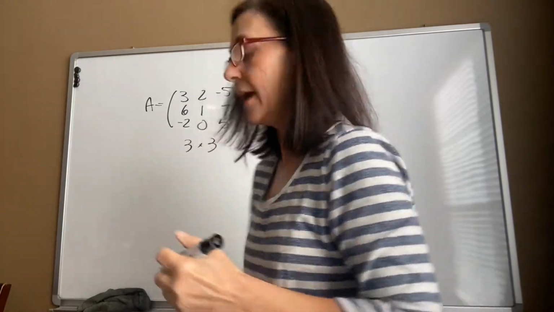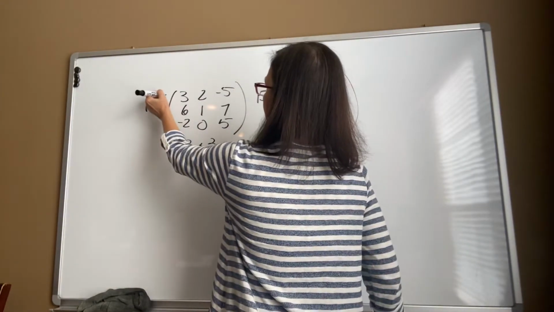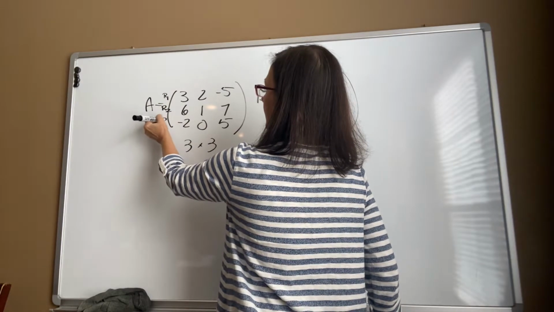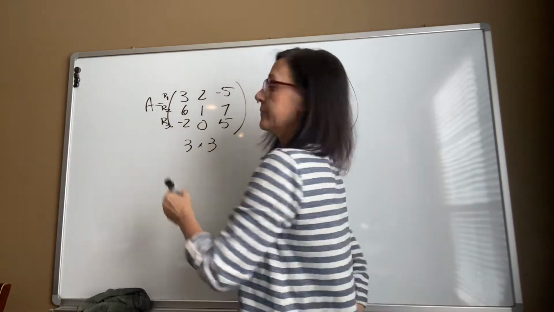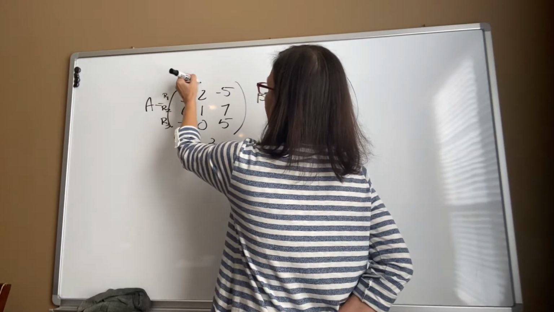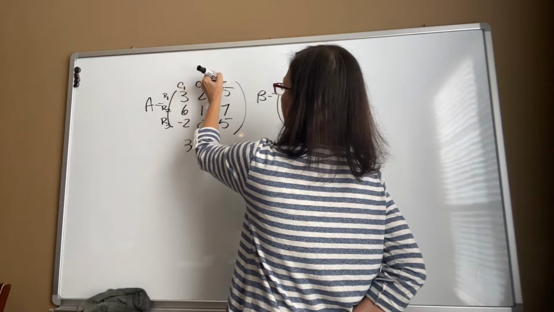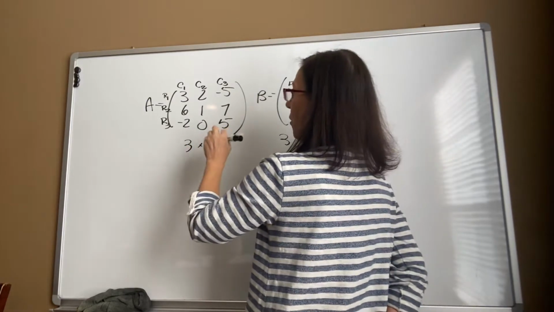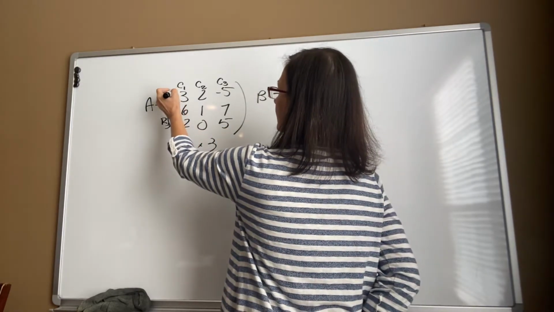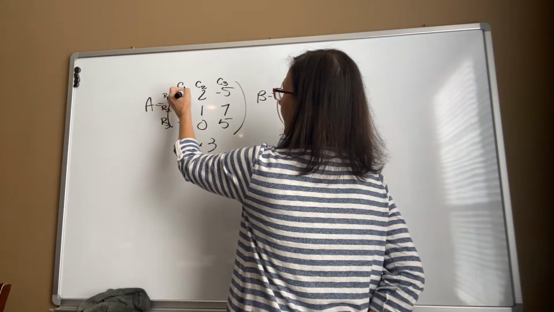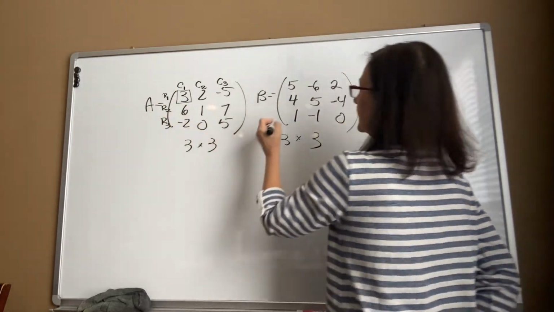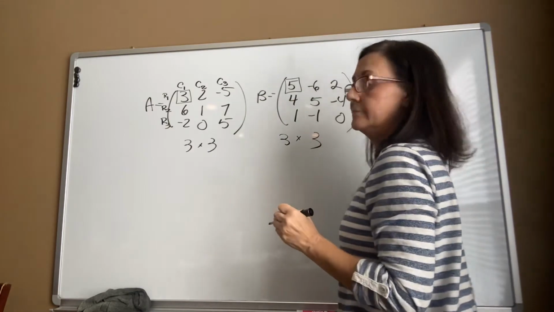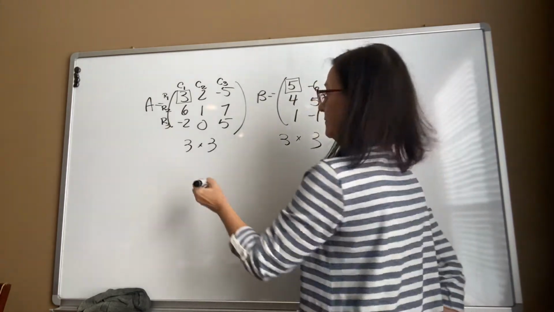And all that I'm doing is, all right, so this is row 1, row 2, row 3, right? This is column 1, column 2, column 3. All right, so all we're doing is we're going to add from matrix A, row 1, column 1, to row 1, column 1 of matrix B, all right?